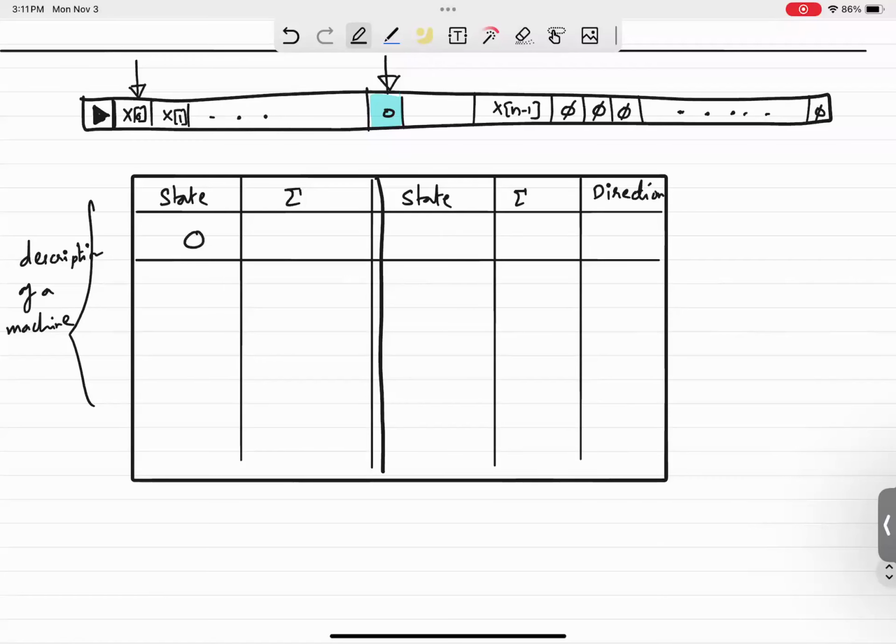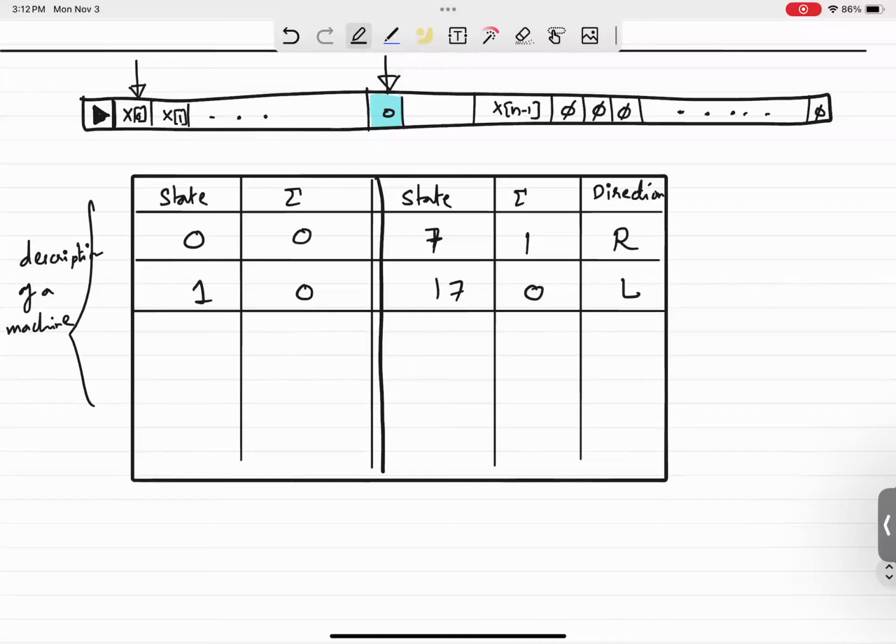You're in state 0, you see 0, maybe you go to state 7, write a 1 and move to the right. Or you might have something like, I'm in state 1, you see 0, you go to 17, you write a 0, so I'm not changing anything, and I go left.